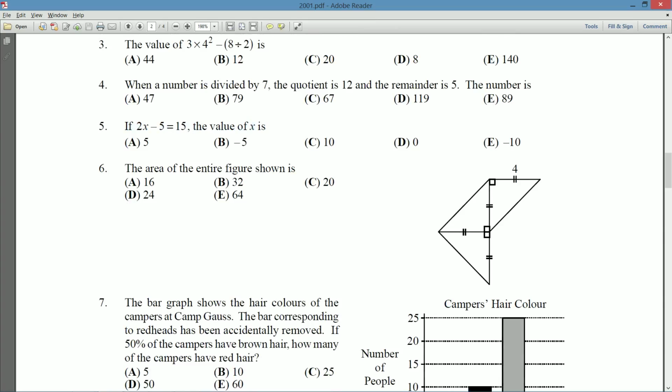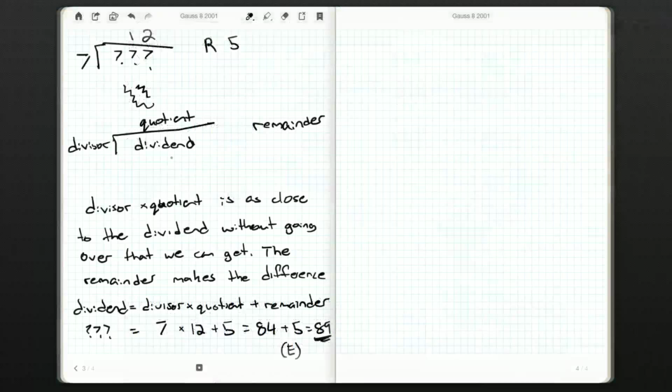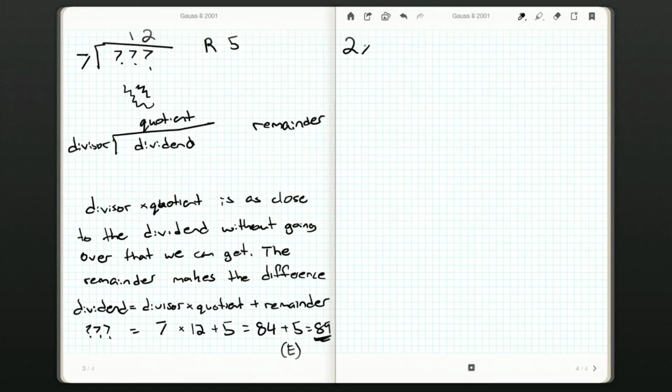We're going to need to rearrange and find the value of x by undoing the operations here. So 2x minus 5 equals 15. That's the equation we're given, and we want to get x by itself. Well, how do we get from x to 15?